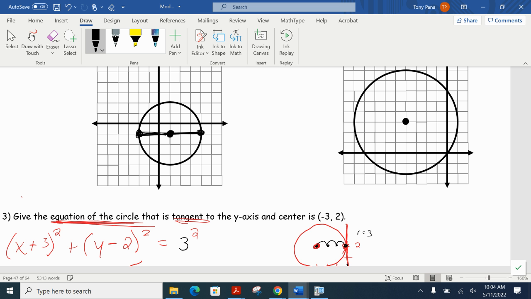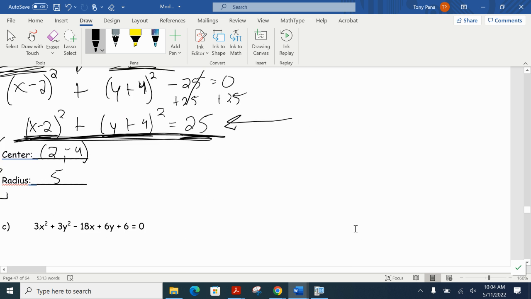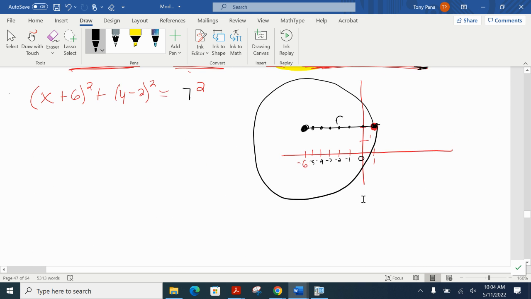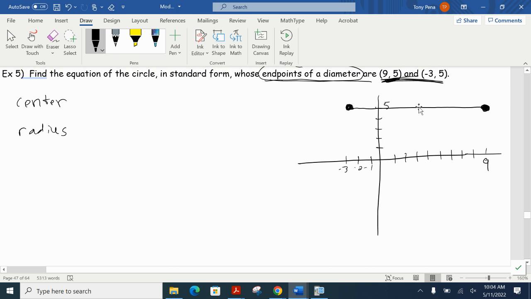Even if I drew in our diameter as a diagonal in this one, the midpoint is the center of your diameter. So what we really need to know is the midpoint of this diameter. Find that.